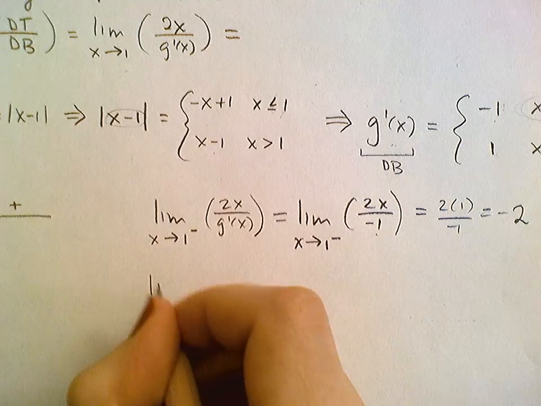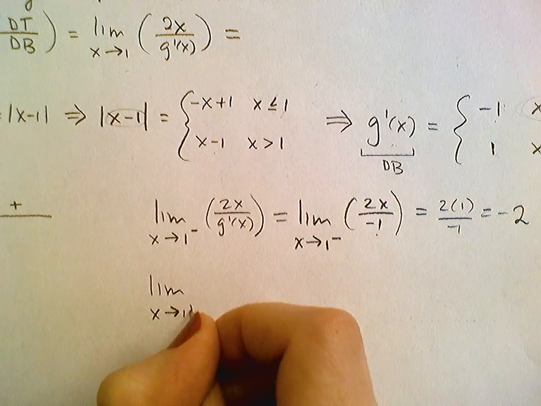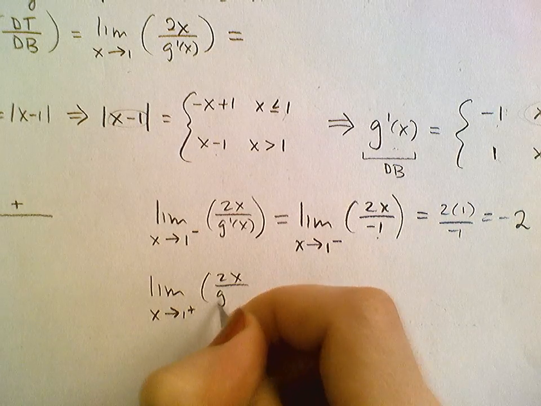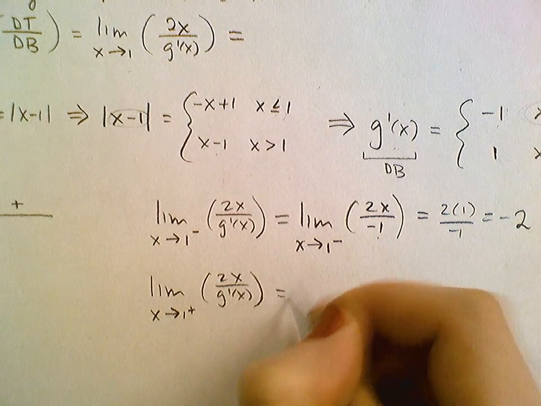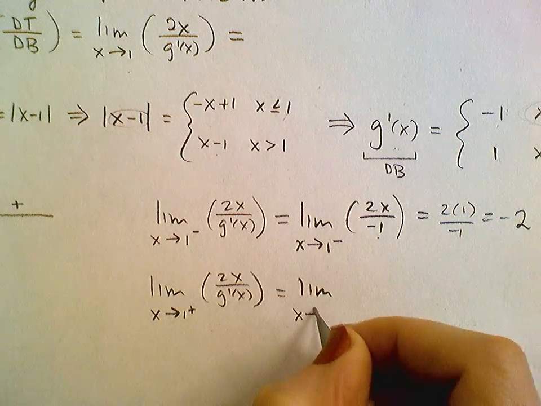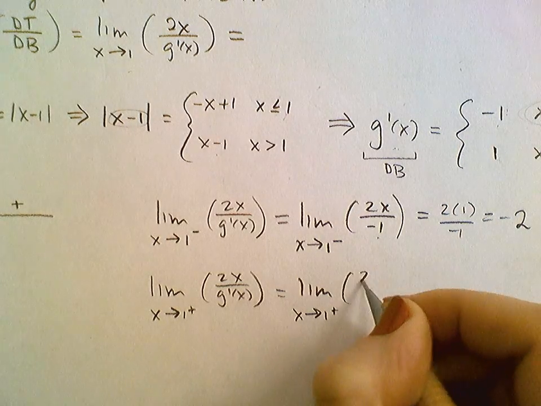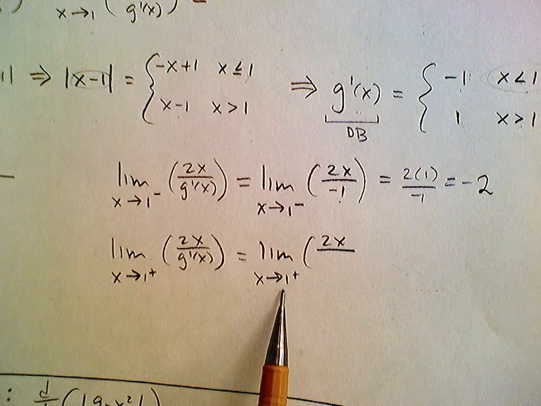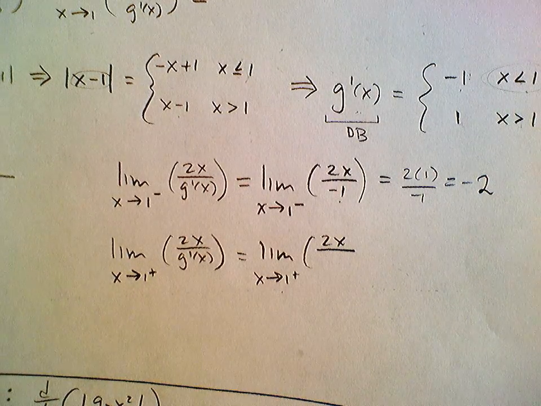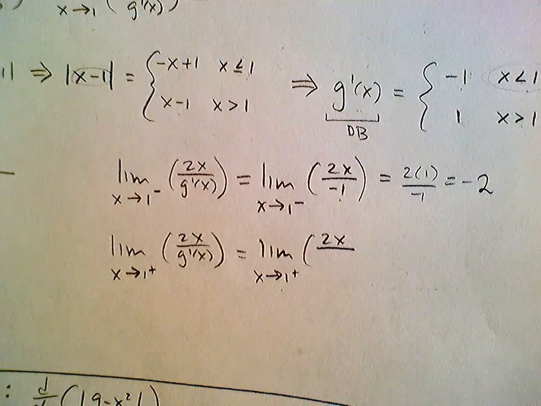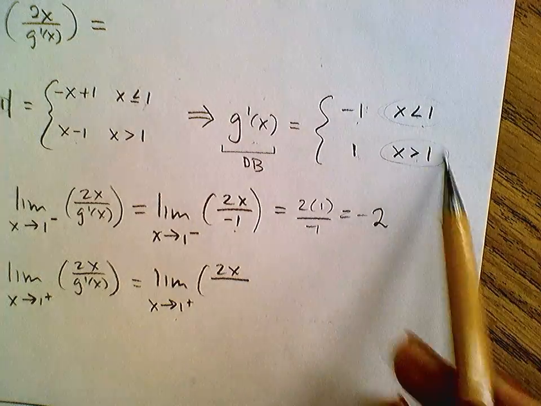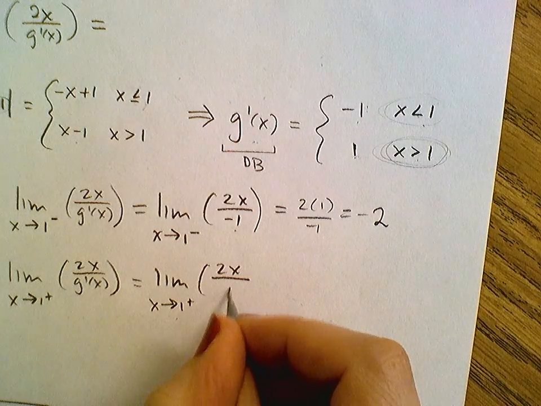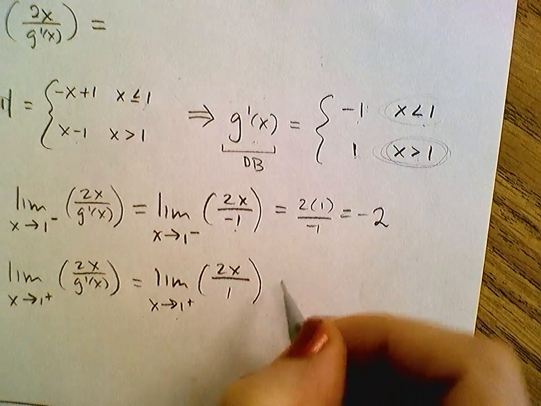Now the limit as x approaches 1 from the right of 2x over g prime of x equals the limit as x approaches 1 from the right of 2x over, approaching 1 from the right, that's like 1.1, 1.01, 1.0001, etc. So we would be on this interval, where g prime of x is just 1.